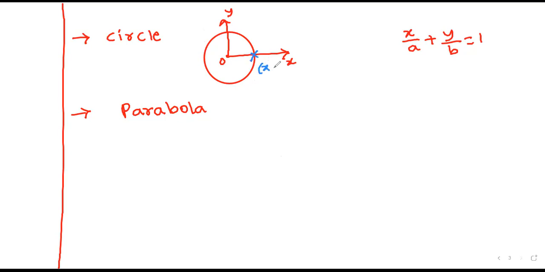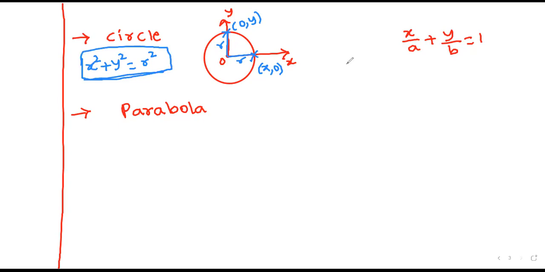Here I can write x comma 0, and here 0 comma y. This distance is r and this distance is r. So at any point on the circle, x square plus y square is equal to r square. This is the general equation of a circle.